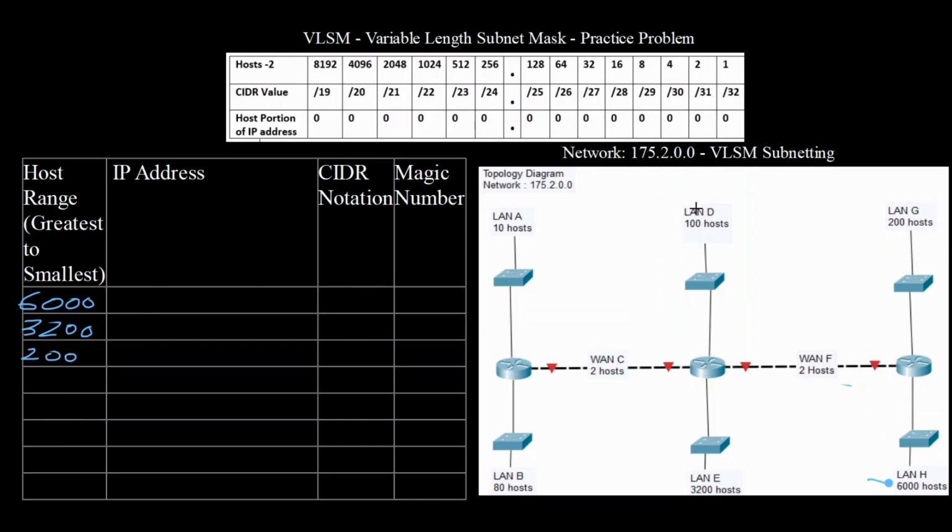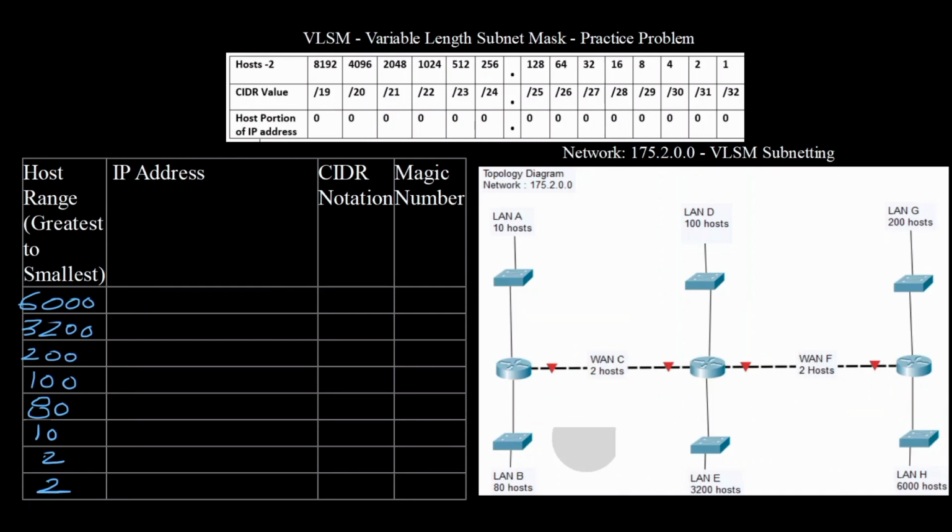Then local area network D has 100 hosts. And on B, I have 80. For local area network A, I have 10 hosts. And finally, I have 2 wide area networks, and each needs 2 hosts, so 2 and 2 here.